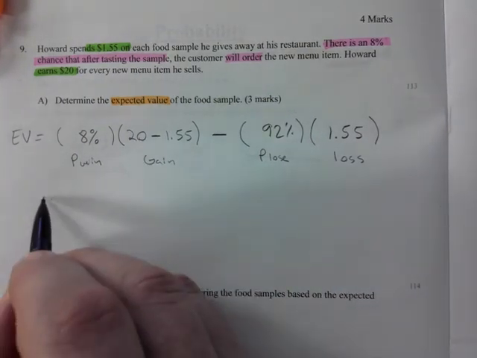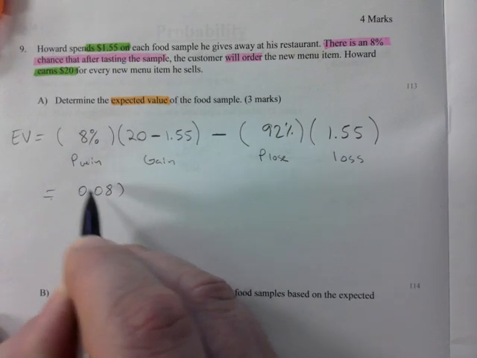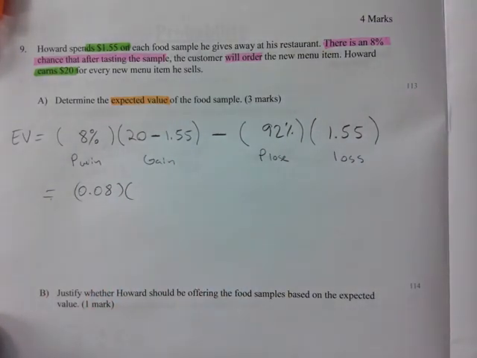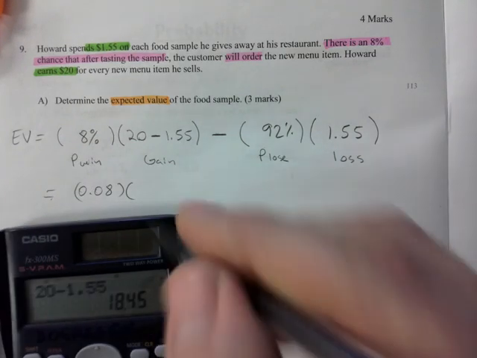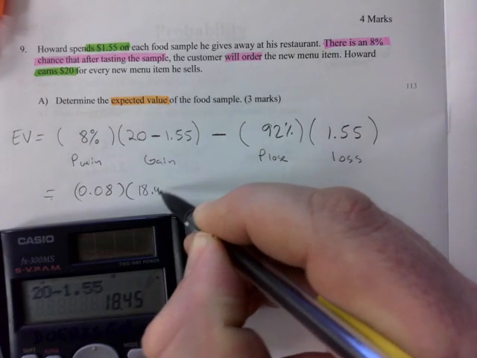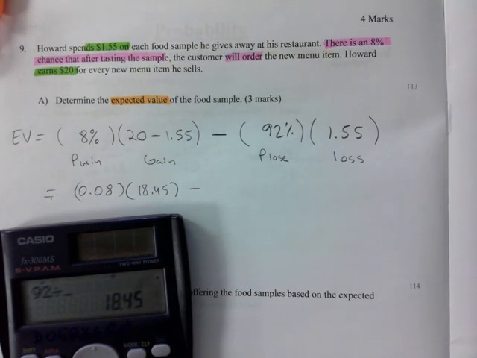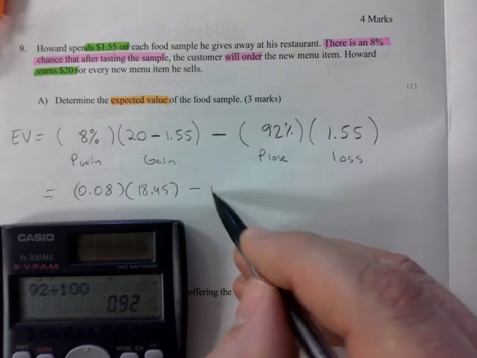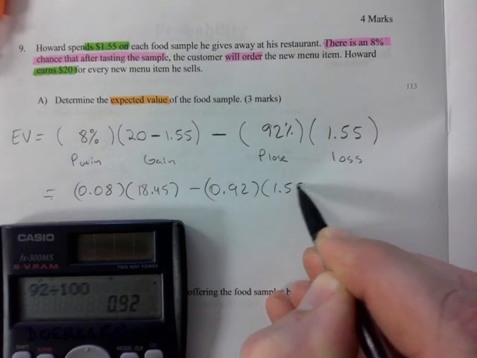So let's clean that up because we can't have percentages. I'm going to go 0.08 times 20 minus 155. That's 1845 minus 92 divided by 100. I don't think it's going to be a shock there. 0.92 times $1.55.